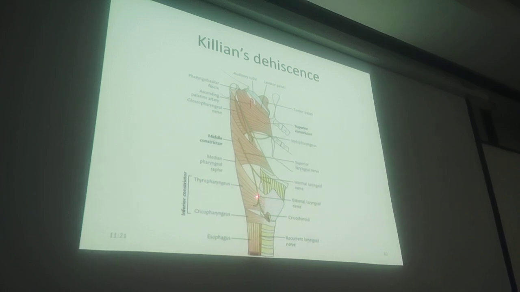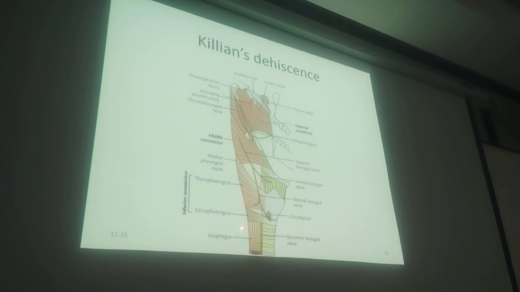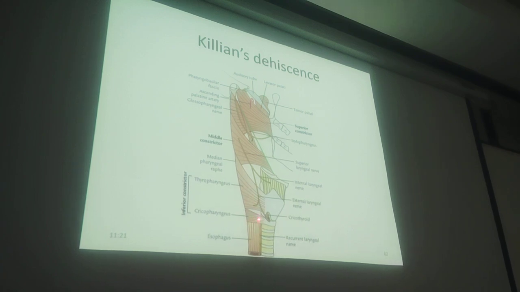That's the weakness. And the cricopharyngeus is a thick muscle by itself because of the cricopharyngeal sphincter. And all constrictors are supplied by the pharyngeal plexus, but the cricopharyngeal sphincter is supplied by the recurrent laryngeal nerve.